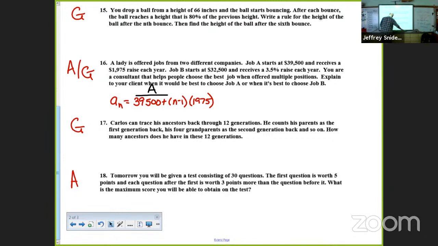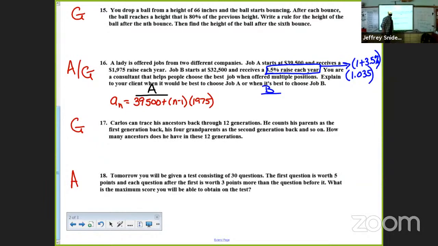Let's go to job B. So B, we already know is not arithmetic. It is geometric. Now, if you're receiving a 3.5% raise each year, this is where you have to go back and think about what we had just done, which was exponential functions. That tells me that it is 1 plus 3.5%, which means it's 1.035.